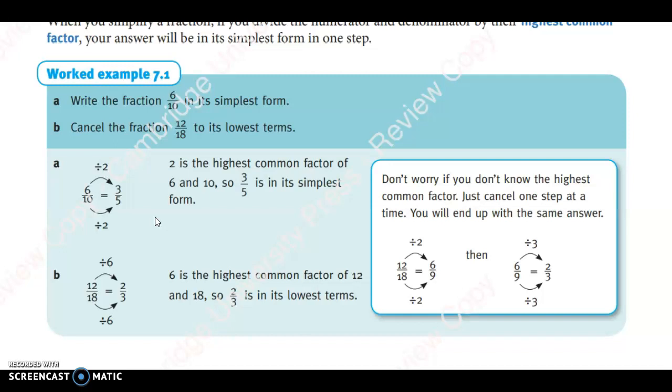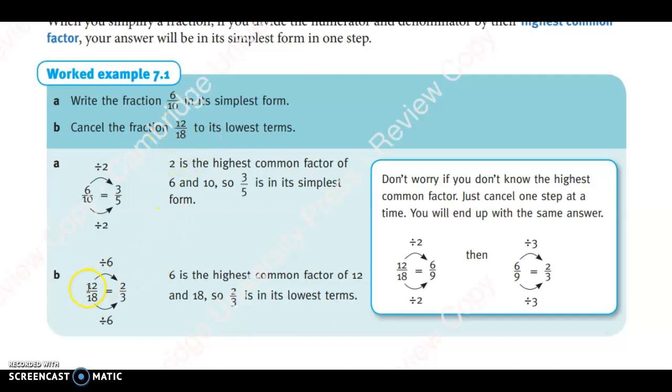No, because we have another number greater than 3 which can divide 12 and 18 in one step. It is 6, because the greatest common factor of 12 and 18 is 6.